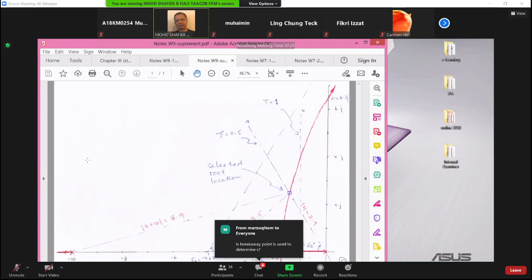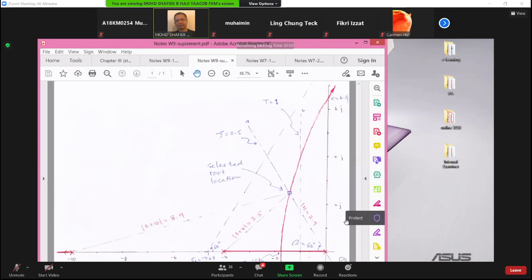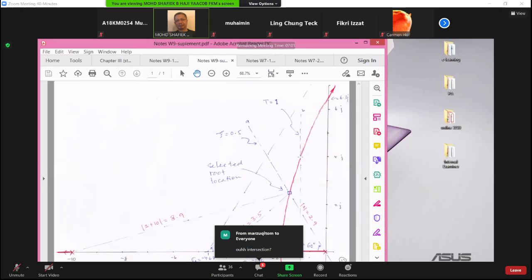Is the breakaway point used to determine s? No. The breakaway point is to determine the point where the locus leaves or enters the real axis. So this is a breakaway point. The root s is selected based on the specification.